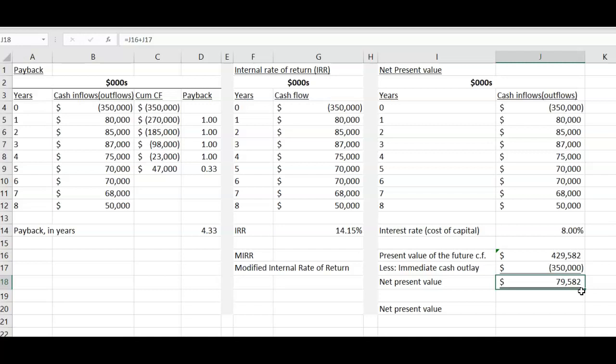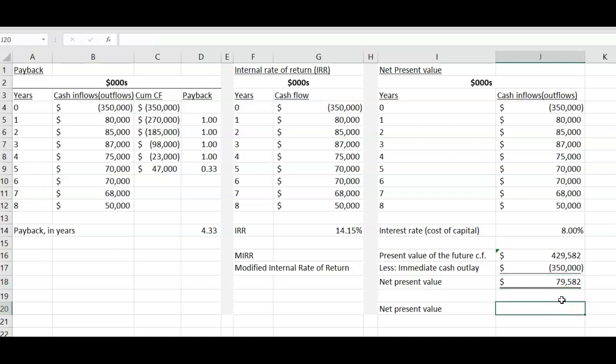Maybe it's good for the community or good for your workers' health, or it improves the quality of the product or the image of the company. Lots of these have benefits that will benefit the company, but perhaps are impossible or extremely difficult to quantify. So you need to consider both quantitative and qualitative considerations.